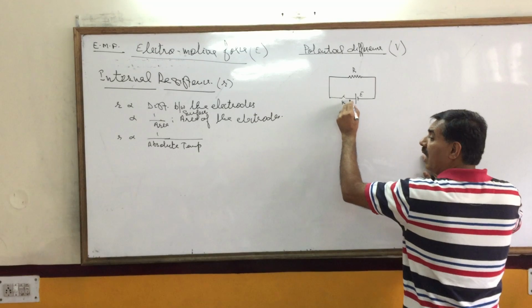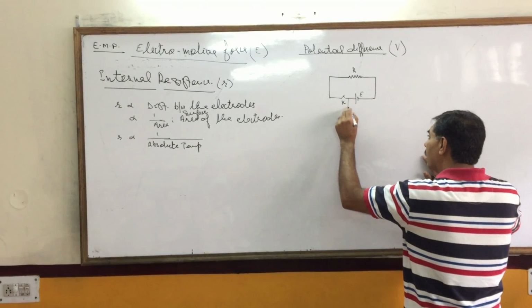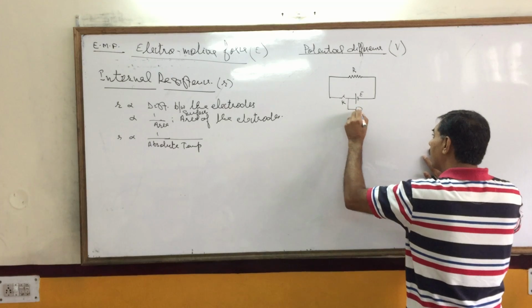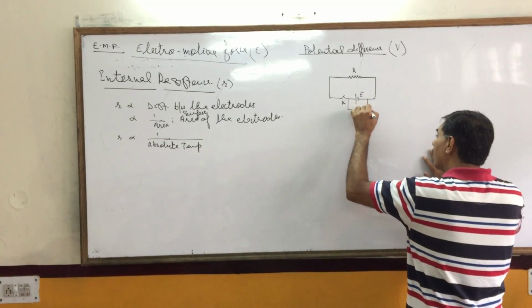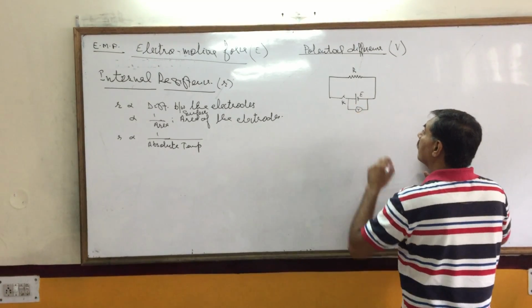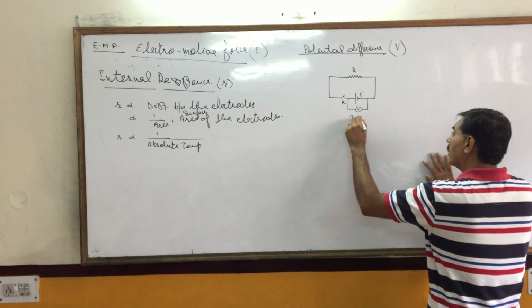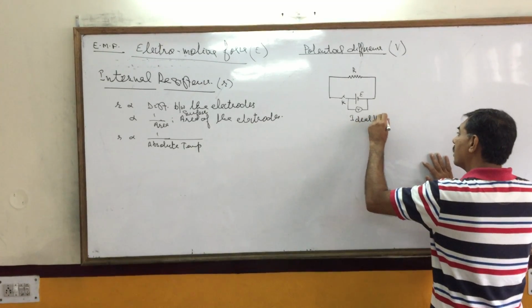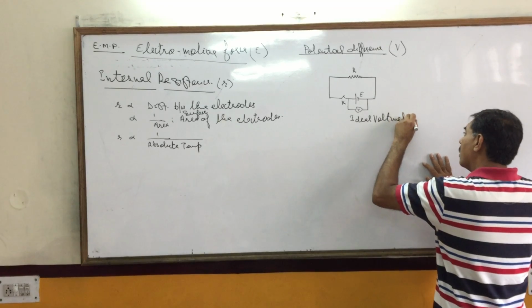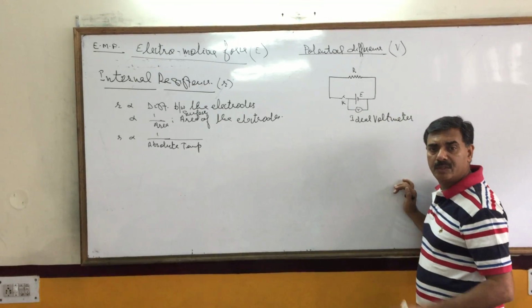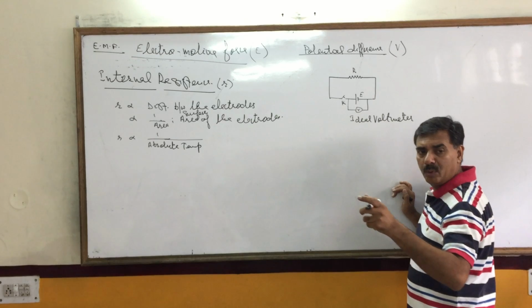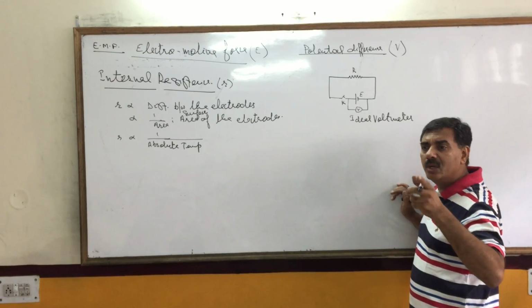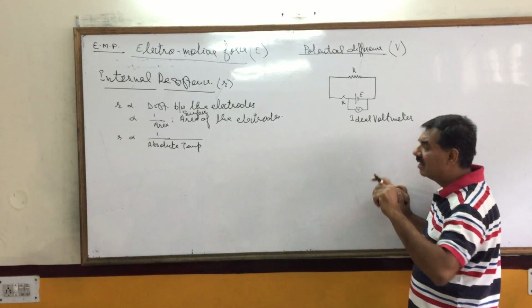If I connect an ideal voltmeter here, a voltmeter is actually a device which will read the potential difference between the 2 points it has been connected to.